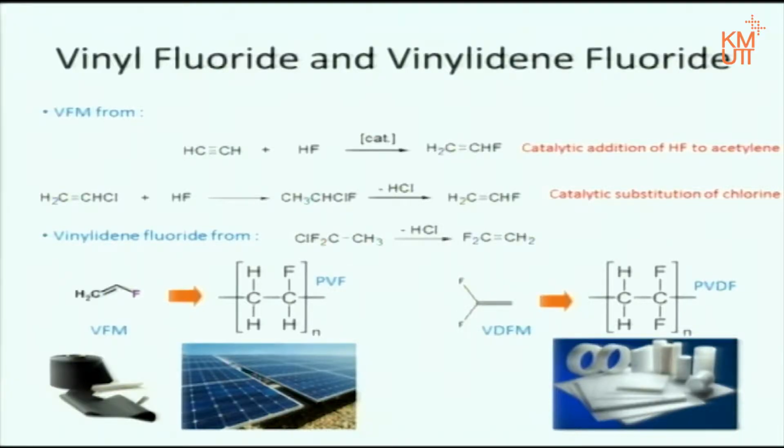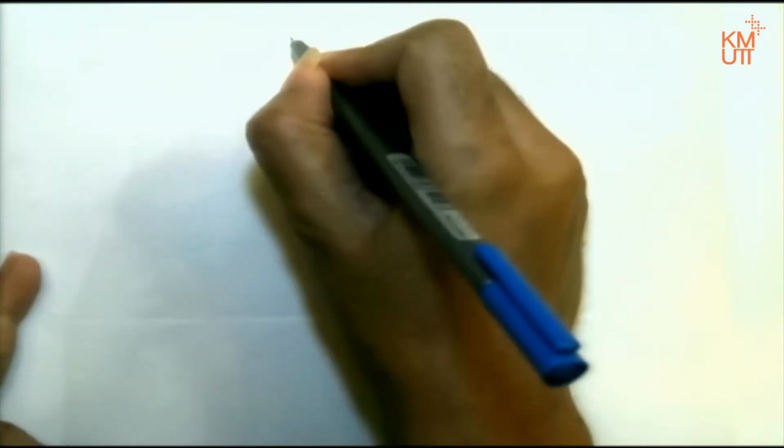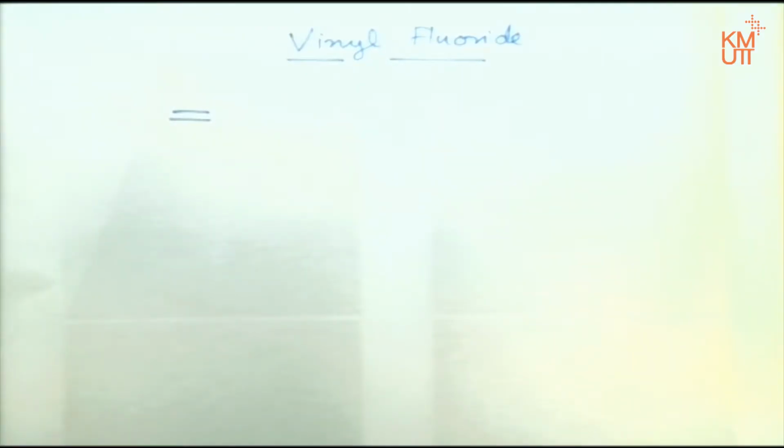So how about the fluoride? I can show you the full structure of vinyl fluoride. Here we have a double bond, right? So the first one has only one fluorine atom.